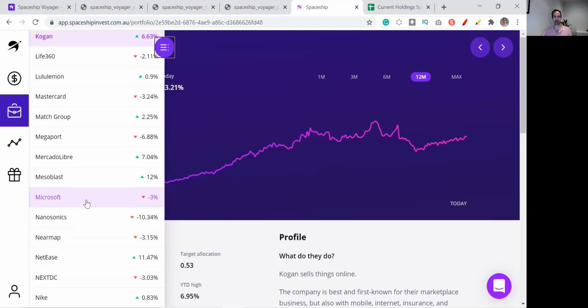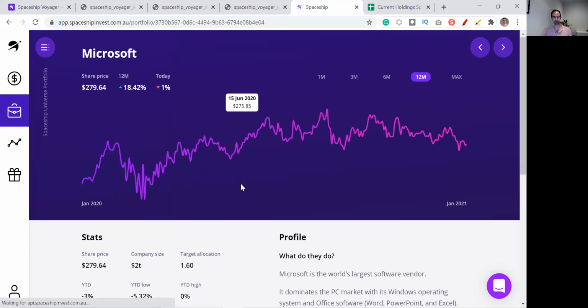Microsoft, obviously another, I would say almost must have in a portfolio. Again, just my personal opinion. A company that pays a dividend and still growing, and the Azure platform, which they are accelerating product at the moment, is still doing very well. Even though when you look at the share price for Microsoft, that didn't happen that much last year.